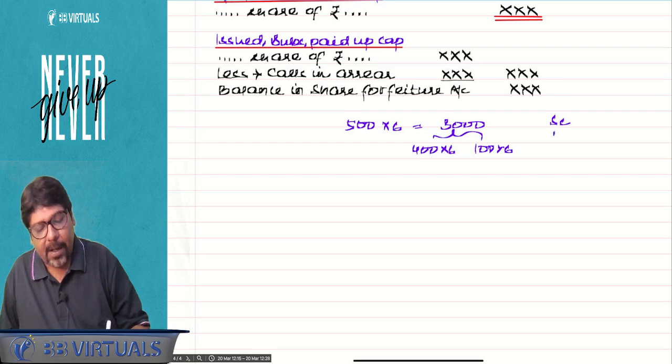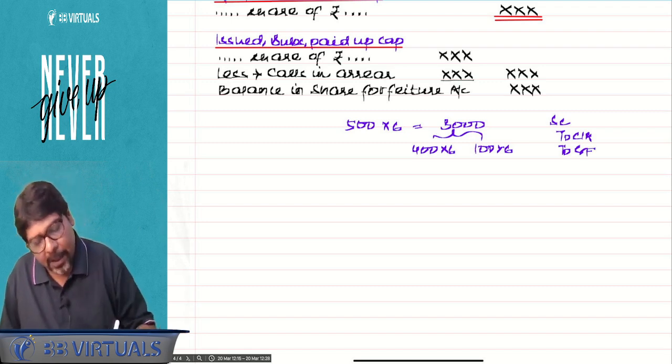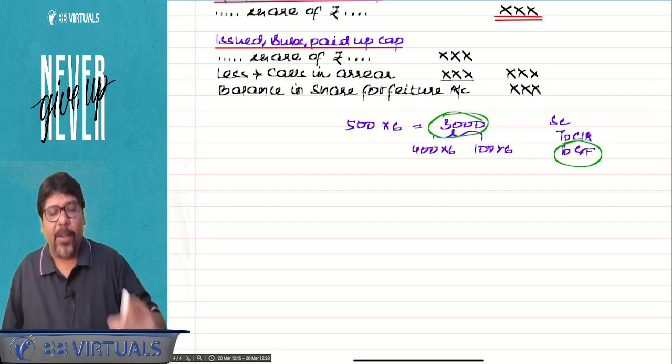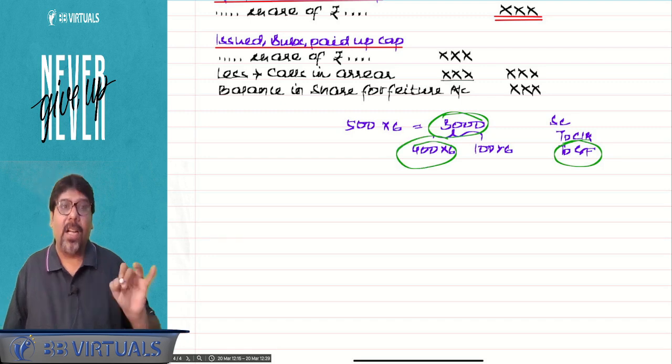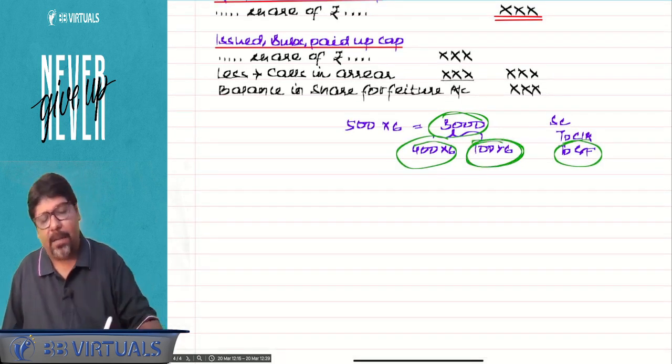Share capital, calls in arrear, share forfeiture. That means share forfeiture you have credited. So 3000 you have credited. When you reissue, you debit it and it gets nullified. The remaining balance which you did not reissue will come over here.